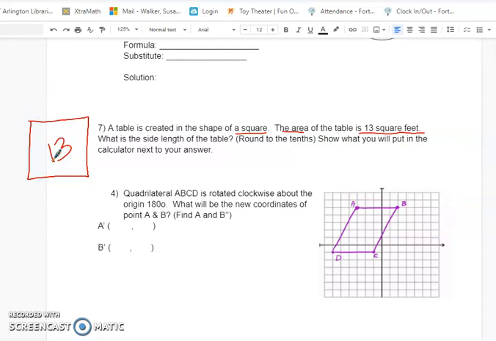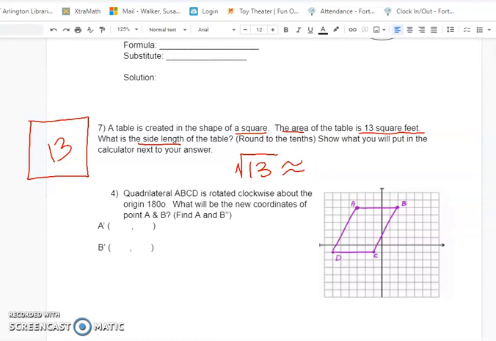Okay. The side length. Remember, side length is square root. We use that radical sign. So your job is to punch that in. That's how we find the side length. Okay.